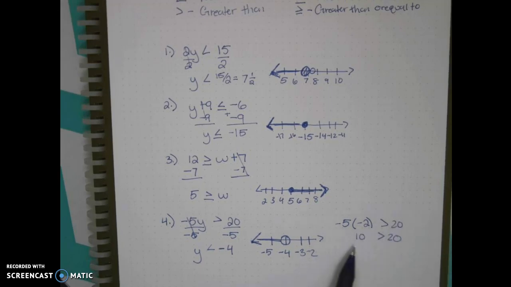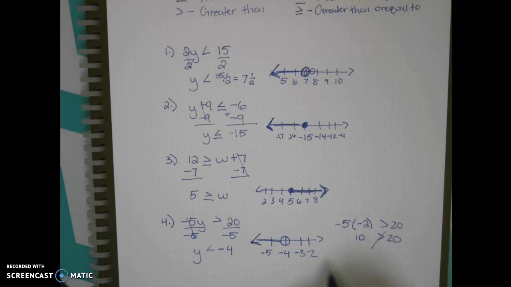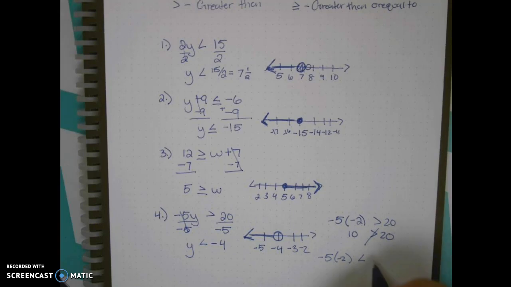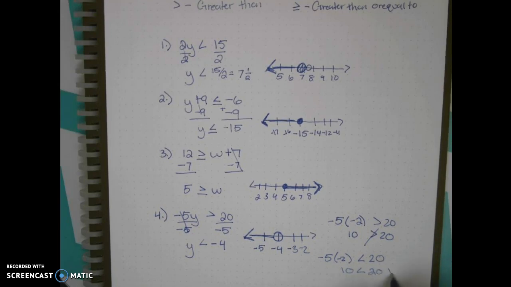And 10 is not greater than 20. That is why we flip the sign. We need to make it true. But when we flip the sign, we'll do the same problem. Look, 10 is less than 20. This is why it's true. Alright, if I have $10, I don't have $20.